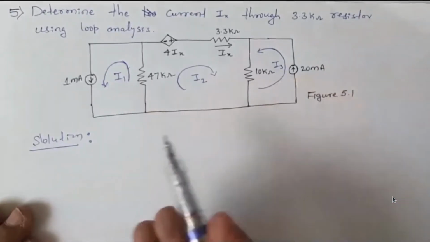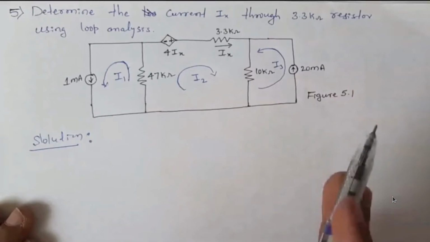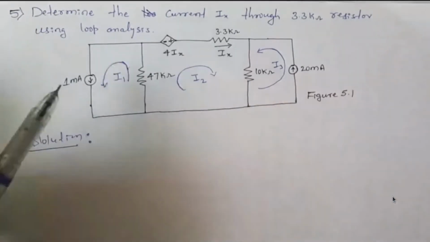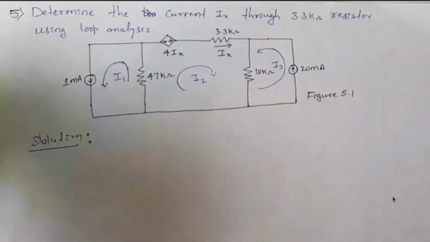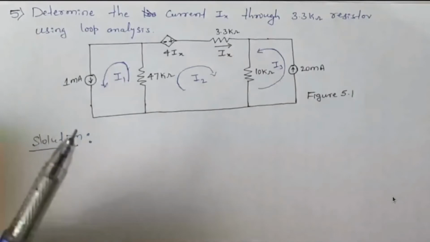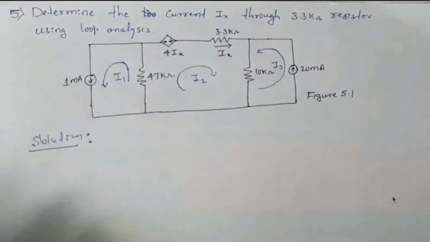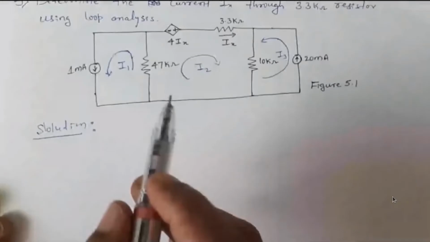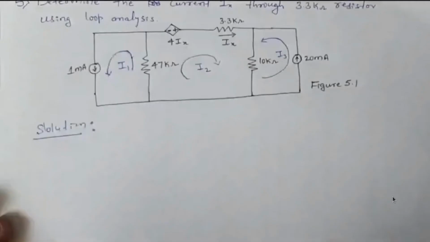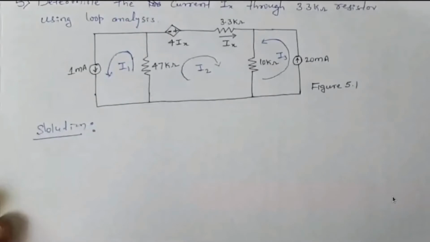Choice is yours, you can consider any direction; the only thing is at the end you may arrive at a different sign, like positive, or other than positive you may get a negative. Anyhow, let us start. It is very simple. Two currents have been given directly. If you see, we need not apply KVL.